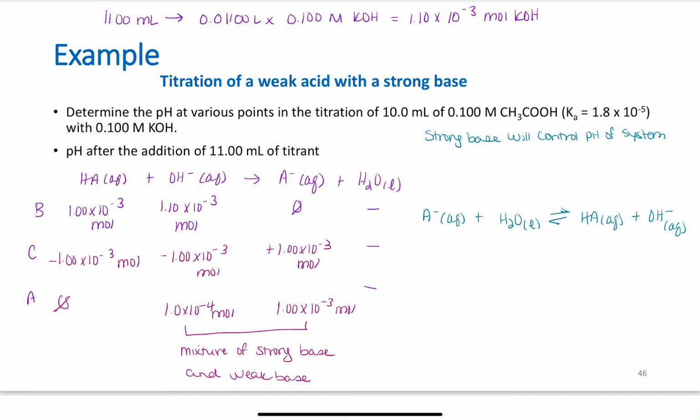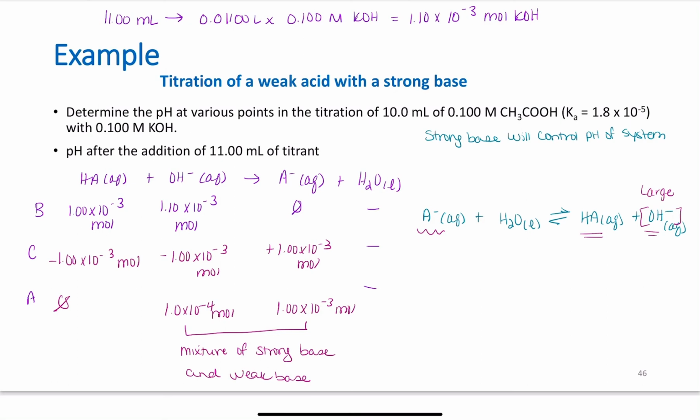Basically, the other way to think about this: the A- reacts with water to form some HA and some OH- in solution, except that I already have a large concentration of hydroxide in solution just from the sodium hydroxide. So none of that A-, or if any, very, very little of that A- will react with water to produce any HA and OH- because there's so much hydroxide already present in solution.